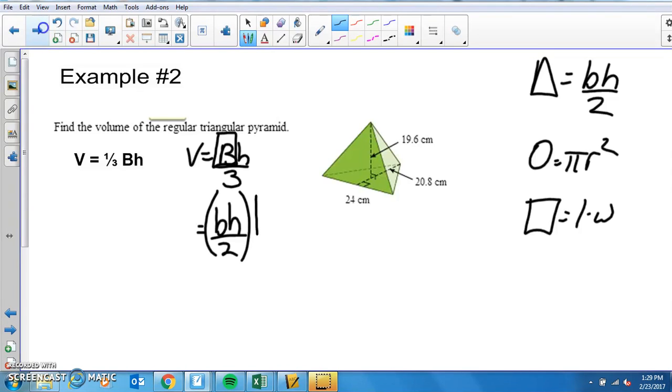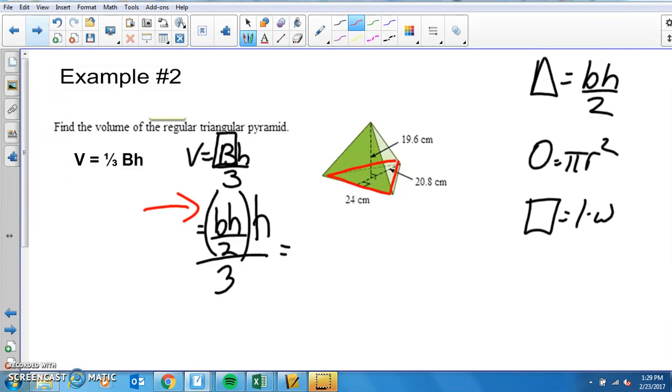Then we have to multiply that times the height of the shape. Then we have to divide it by 3. So don't get confused on all these different steps. Just take it step by step. Let's focus just on the inside part: the base times height divided by 2. So let's look at the base of this pyramid. This pyramid has a triangular base.